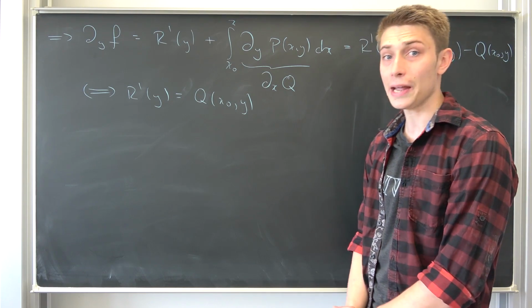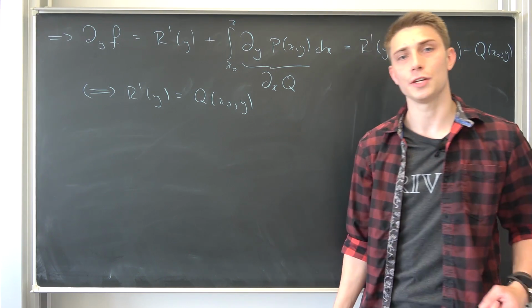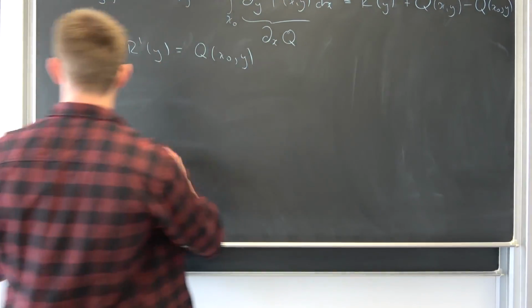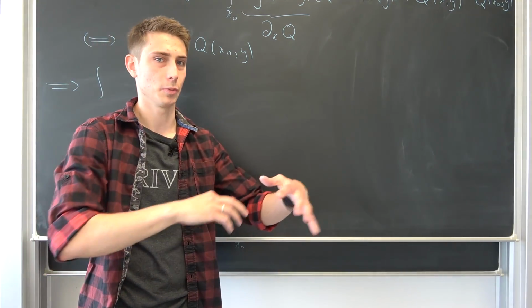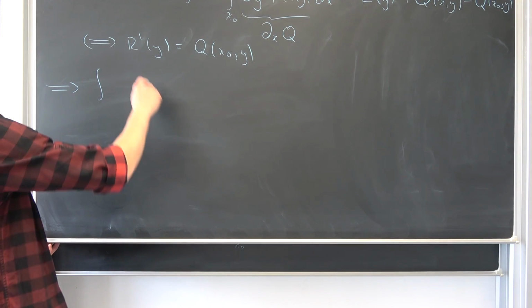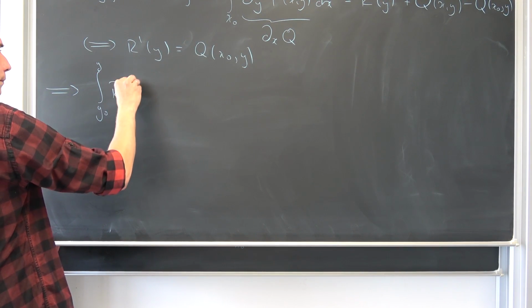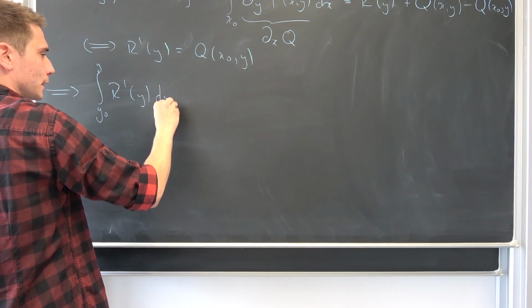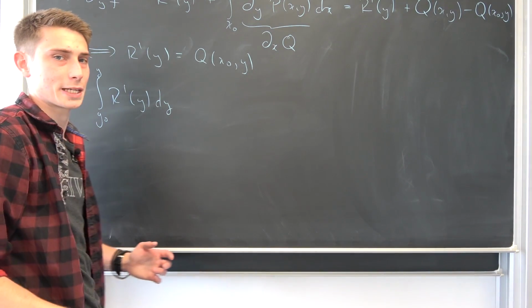So we can get back to our r of y if we just integrate both sides with initial values plugged in. Now, it's a really constructive proof, so it's just something you go through. That's at least the thing I came up with. So if we integrate this from y0 to y, don't forget, r prime is nothing but the derivative of r with respect to y.